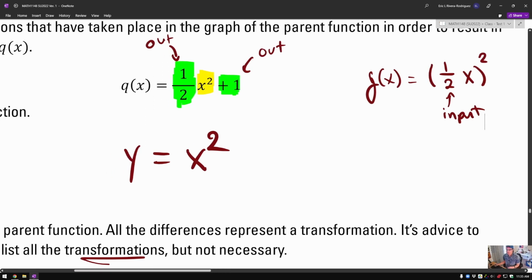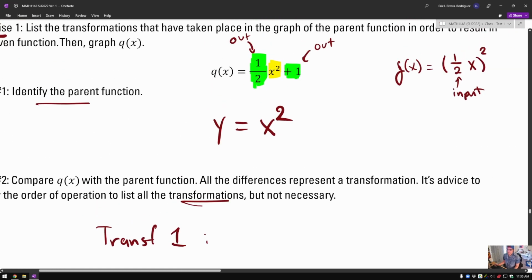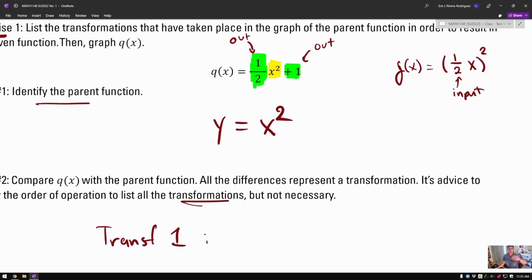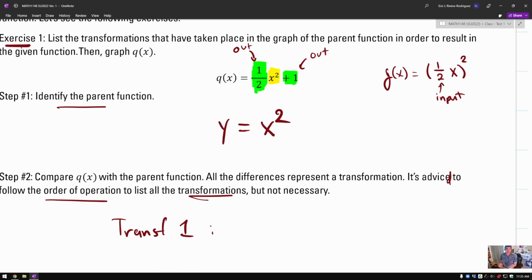Okay? Now, that 1/2 is in the output group, and you will see here that it is advised to follow the order of operations to identify the transformation. I like to follow the order of operations because that guides me from the input group to the output. There's nothing in the input group here, so I'm going to focus on the output group. And before addition, I'm going to analyze multiplication.